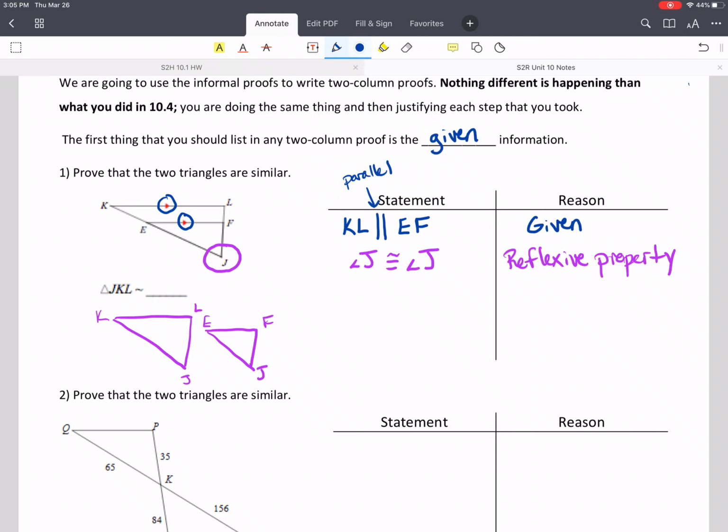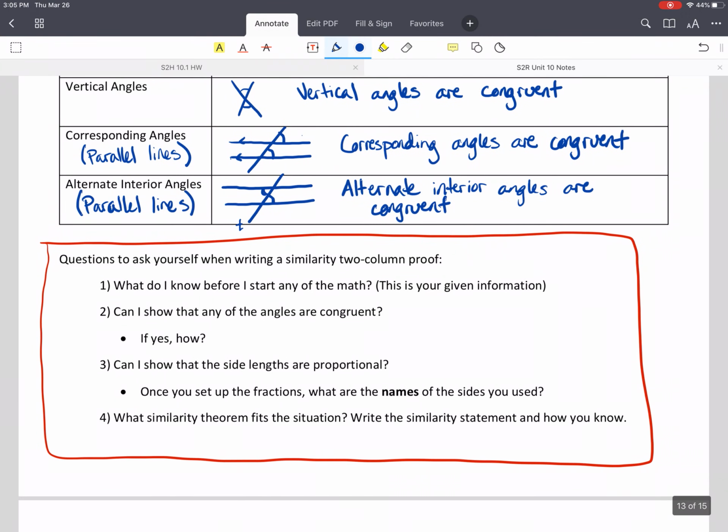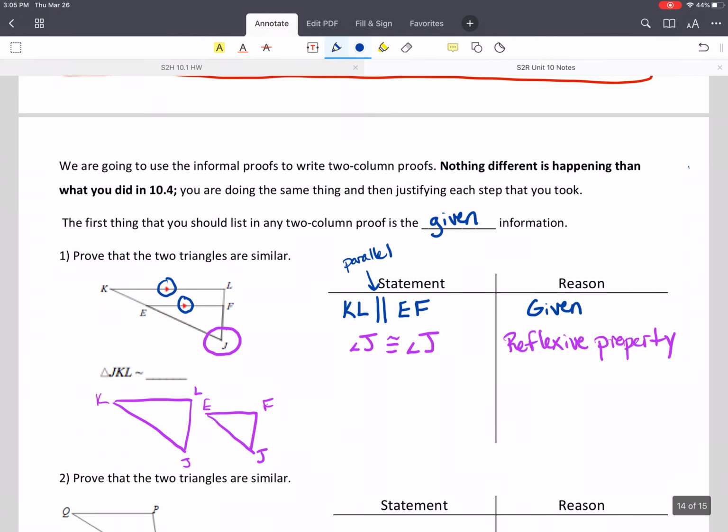Okay, can I show that any other angles are congruent? Well, let's look at what we could use with parallel lines. It was either corresponding angles or alternate interior angles. Well, these are in the same spot between the two groups, so I know that angle K is going to be congruent to angle JEF. And you might be going, hey, Miss Lambert, why did you put three letters on that one instead of the angle K?